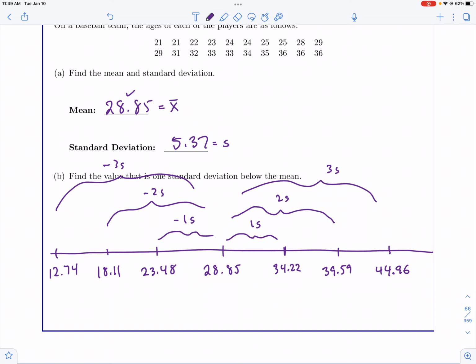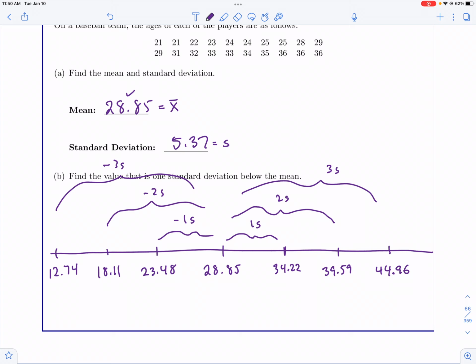So what this idea is, eventually there's a nice rule, and we're going to talk about it at the very end of the section, so I don't want to give it away. But basically, when you lay out your data in this fashion, there's a certain percentage of data elements that we're going to expect to live in between each of these different numbers. And that's one of the reasons that makes using standard deviation compared to range such a powerful measure of our spread of data.